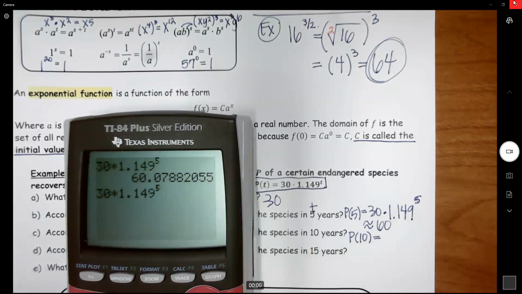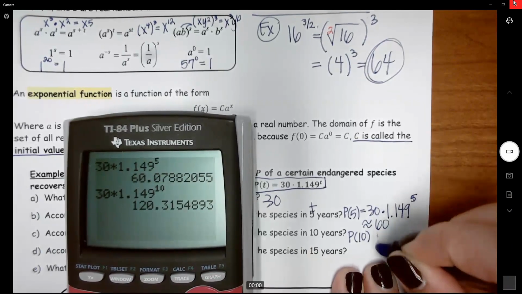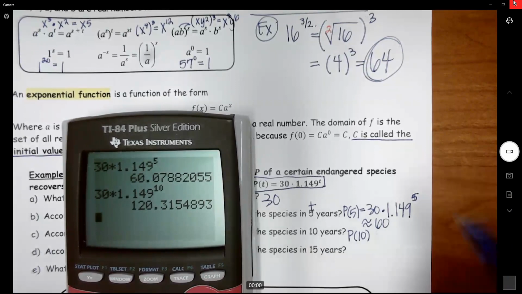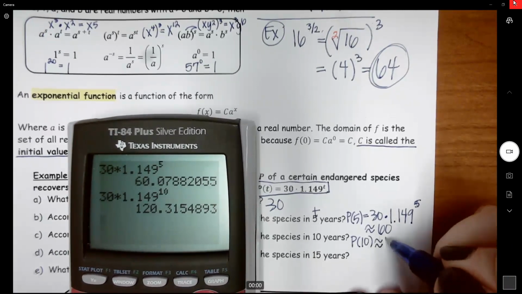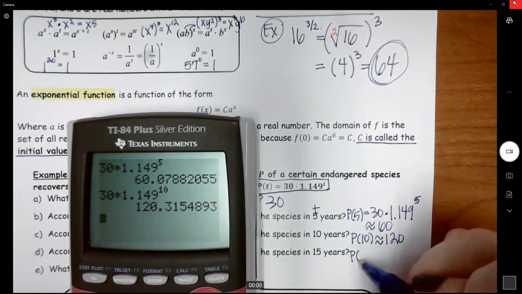So we'll change this now to the 10th power. And we get about 120.